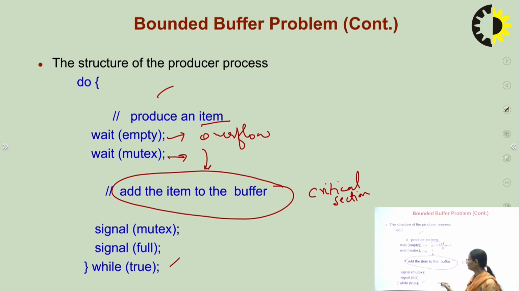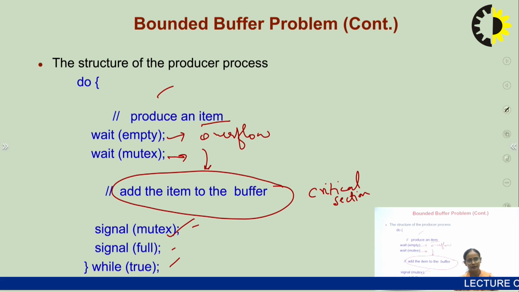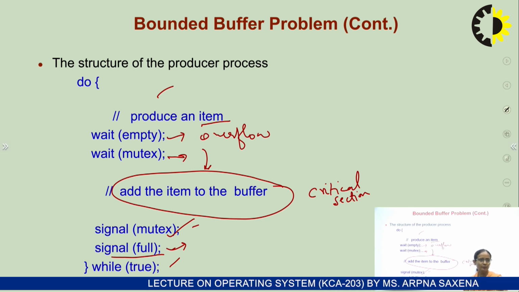Similarly, with the help of the signal operation, first we are notifying the other process that if you want to access the buffer, now you can do so. And with the help of signal full, it is again a notification to the consumer process that now there is some item in the buffer, and the consumer can go for reading that particular item.